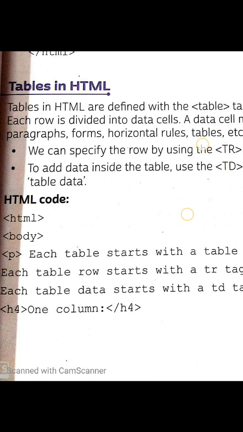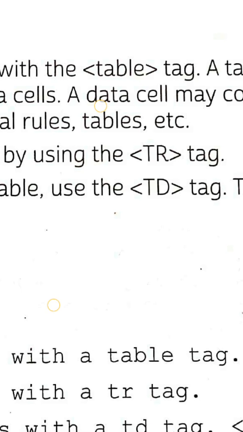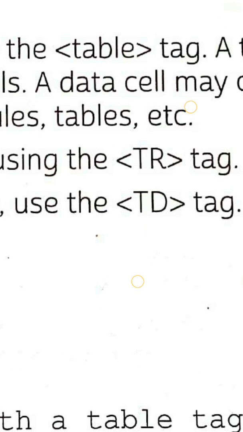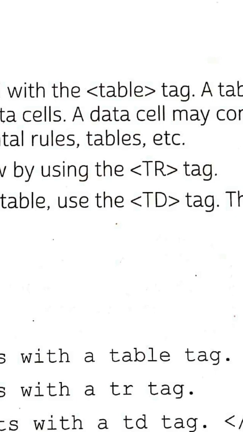Getting it, students? To insert a table, which tag are we using? Table tag. To specify the row, you have to give the TR tag. And if you want to add data inside the table, you have to use the TD tag.